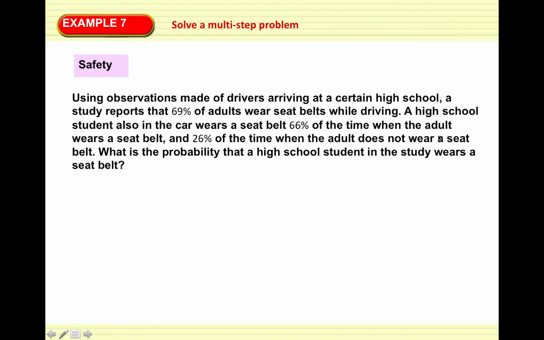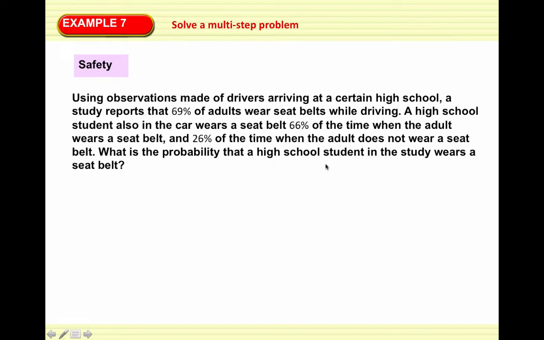Under the condition the adult's wearing a seatbelt, a high school student will wear his or her seatbelt 66% of the time. 26% of the time when the adult does not wear a seatbelt. So another conditional probability. Under the condition that the adult is not wearing a seatbelt, there's a 26% probability that the high school student will be. So what is the probability that a high school student in the study wears a seatbelt?